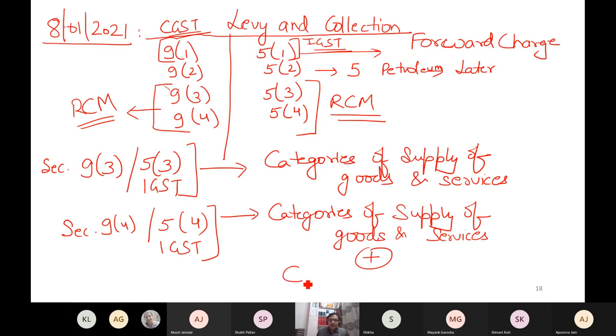Government has told the category of suppliers also. Government has told recipients also. So basically, in 9.4 and 5.4 we have additional conditions to be checked carefully. In 9.3 and 5.3 there are not many additional conditions. There are some conditions but not many. But anyhow, we have to cover these two sections of reverse charge.